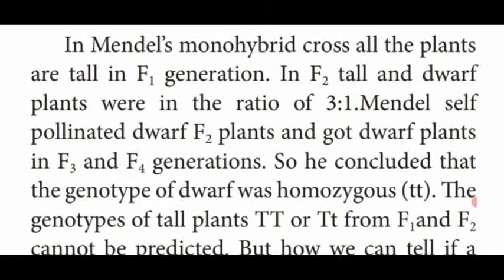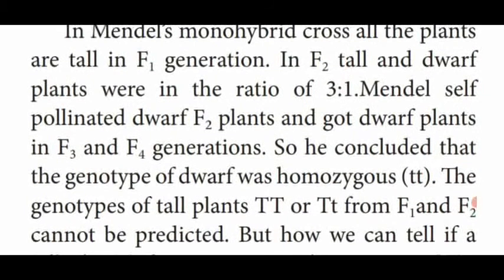Then several crosses were also made by Mendel. He self-pollinated the dwarf F2 plant and got dwarf plants in the F3 and F4 generations. So once again, we are crossing the F2 dwarf plant, that is recessive plant.